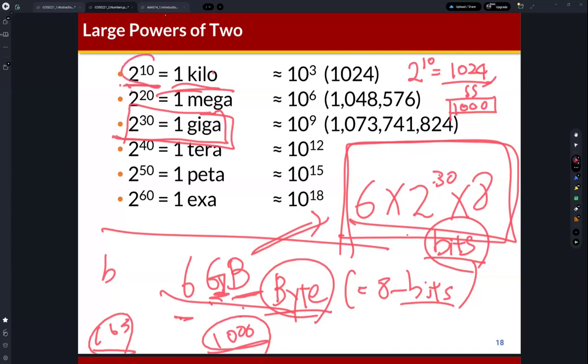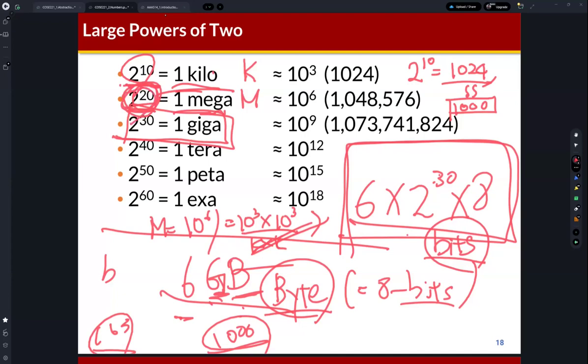So that's why in binary, 2 to the power of 10 becomes kilo, K. Then mega is 2 to the power of 20, because in the decimal number system mega is 10 to the power of 6, kilo multiplied by kilo. So 1 mega is 2 to the power of 20.